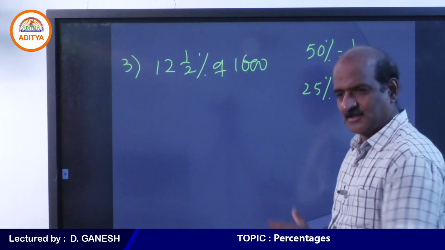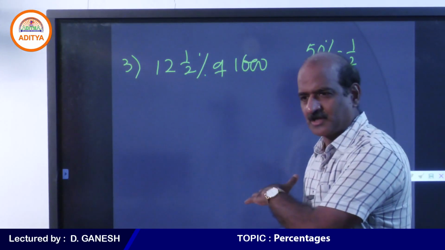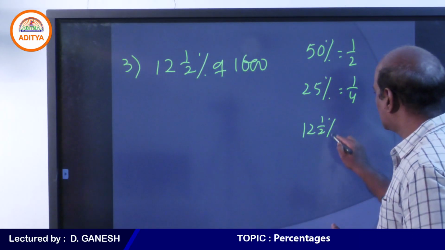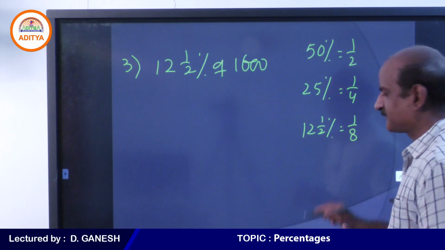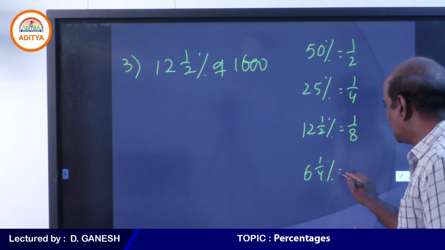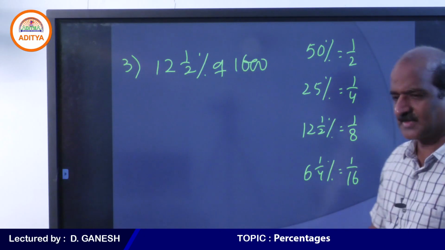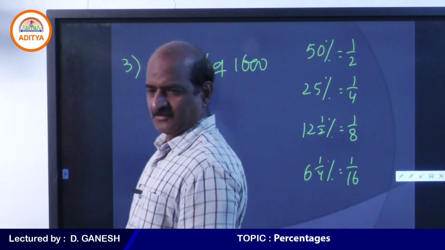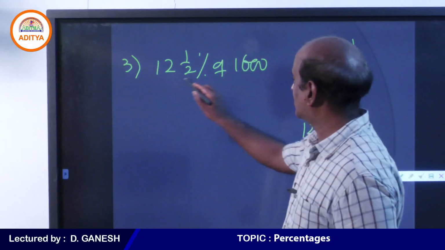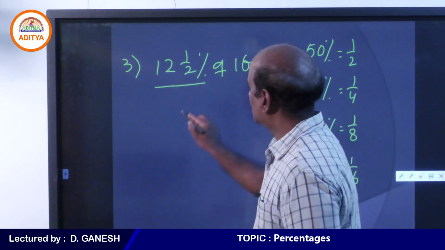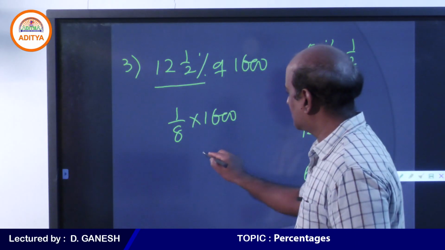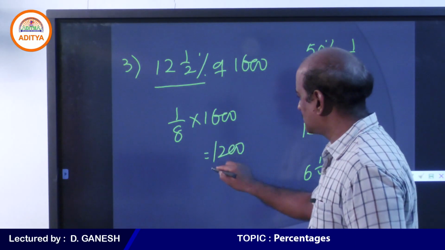These are the standard fractions, and I told you to remember them. 12.5% is 1/8, and half of that, 6 1/4%, is 1/16. I hope you remember these values. Now I ask you to find 12.5% of 1600. 12.5% is nothing but 1/8. So 1600/8. Therefore your answer must be 200.